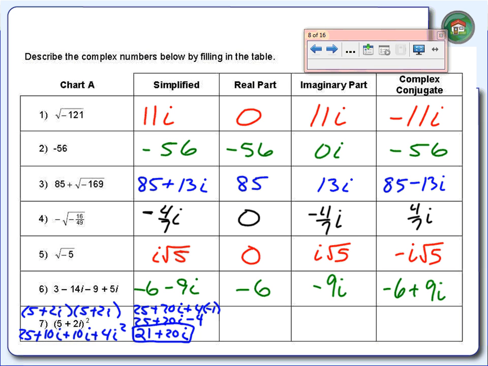All right, so what's the real part? The real part is the 21. The imaginary part is the 20i, and the conjugate would be 21 minus 20i. Got to change the sign on that imaginary part. We're good? You still with me? Kiki, you're good? You ready for the test? Not yet, right? Let's keep going.